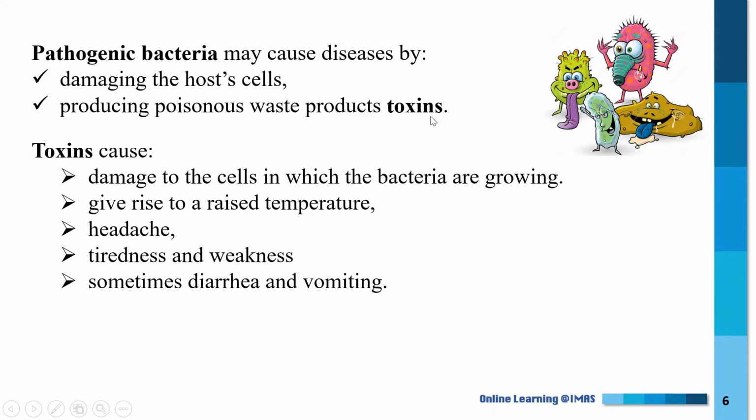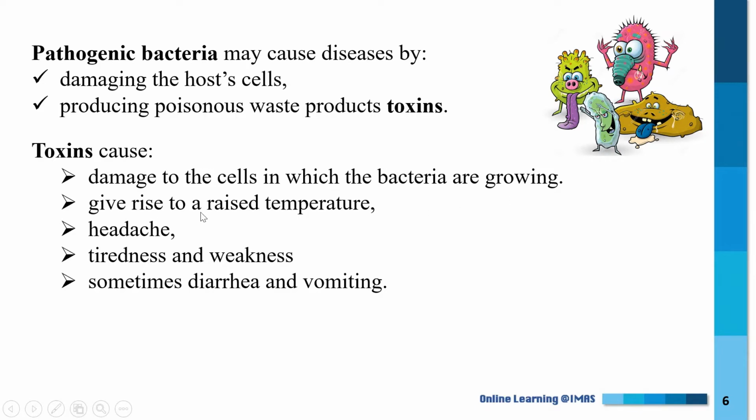Vibrio cholerae will attach to the cells and release this cholera toxin, and the cholera toxin will cause the diarrhea. So this toxin causes damage to the cell, okay, in which the bacteria are growing.